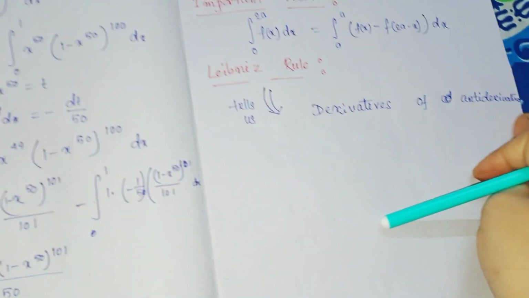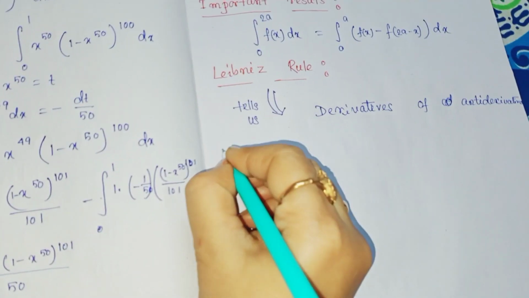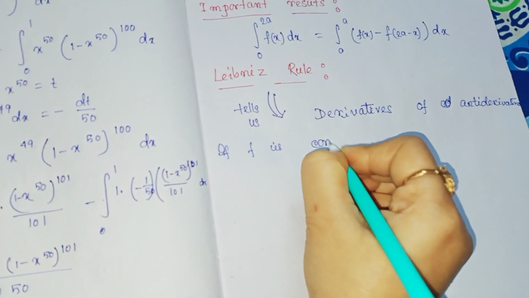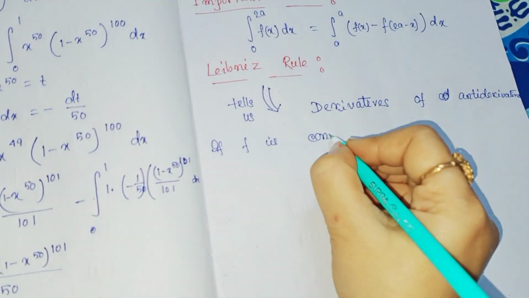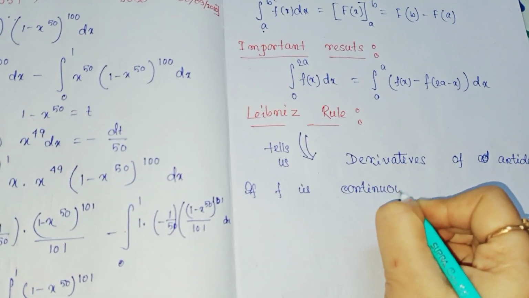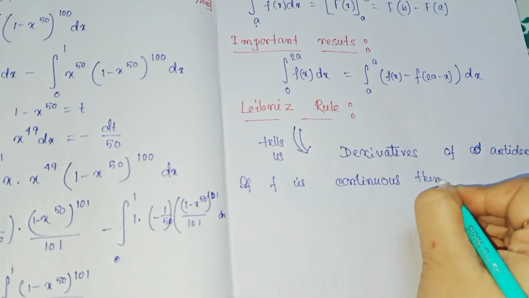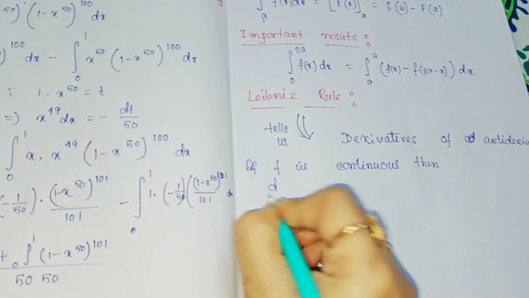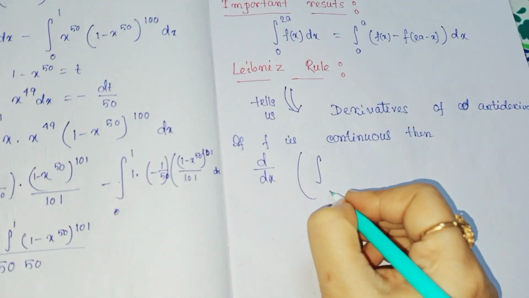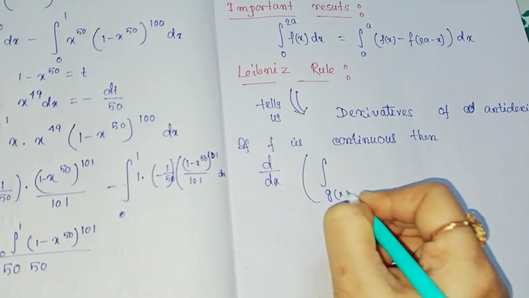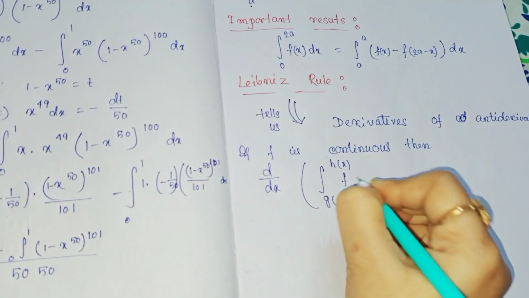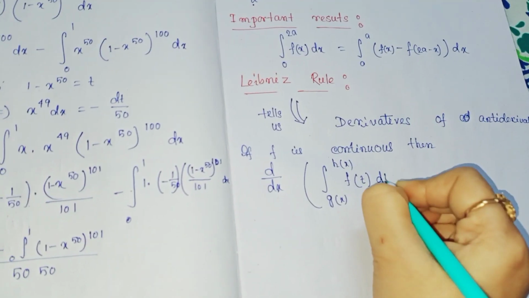Now let me explain. If f is continuous, then we write d/dx of the integral with lower limit g(x) and upper limit h(x) of f(t) dt.